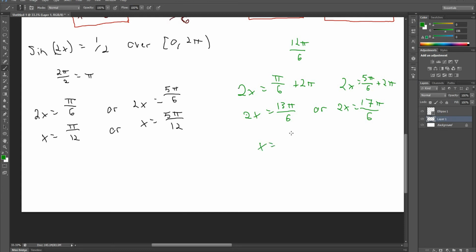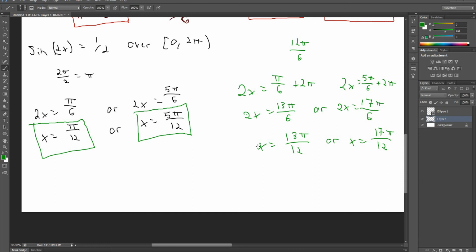We're going to get x is equal to 13 pi over 12, or x is equal to 17 pi over 12. So in this case, since we are hitting pi over 6 and 5 pi over 6 twice in our unit circle, our 4 solutions are pi over 12, 5 pi over 12, 13 pi over 12, and 17 pi over 12.